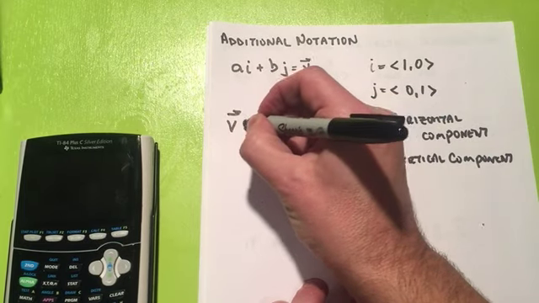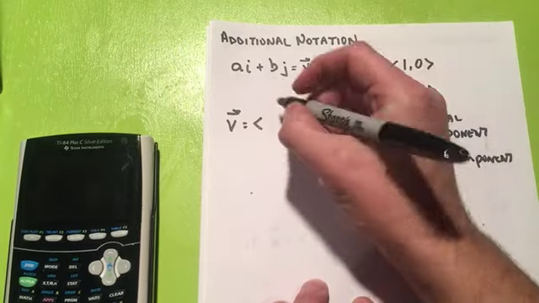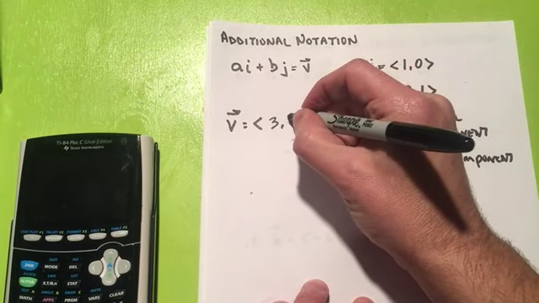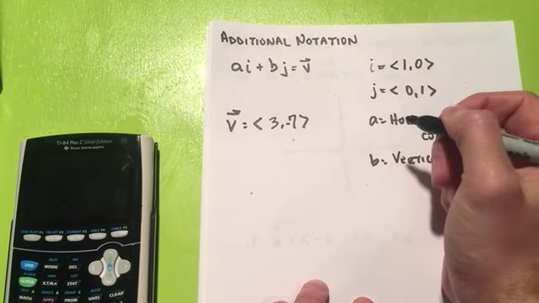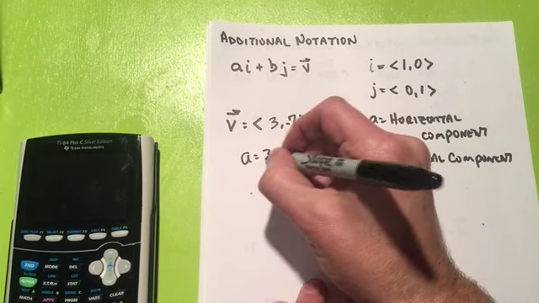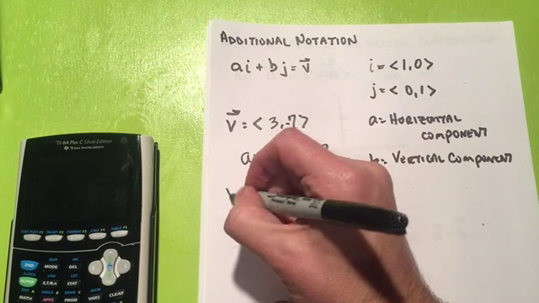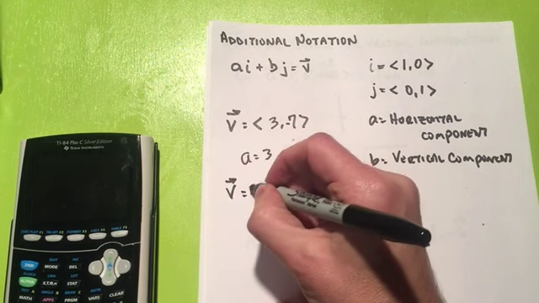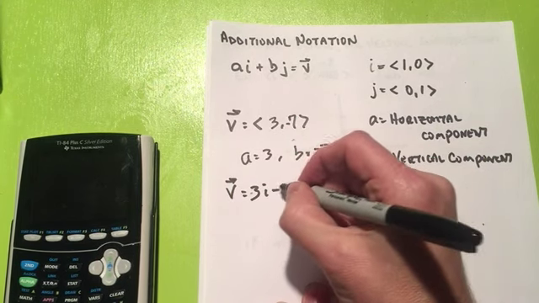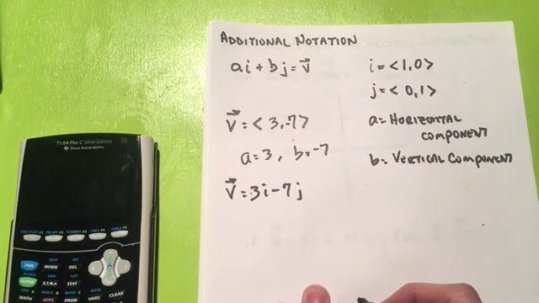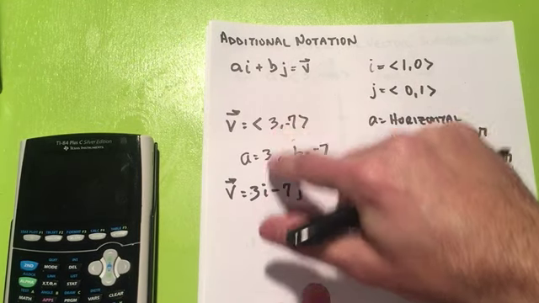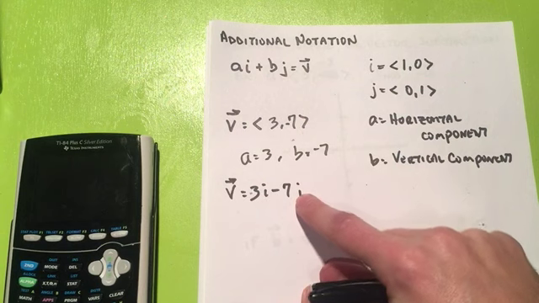So if our vector in algebraic form is, say, 3, -7, let's just say that a is 3, b is -7. In this notation, our vector could be written as 3i minus 7j. It is just another way of writing your horizontal and vertical components.